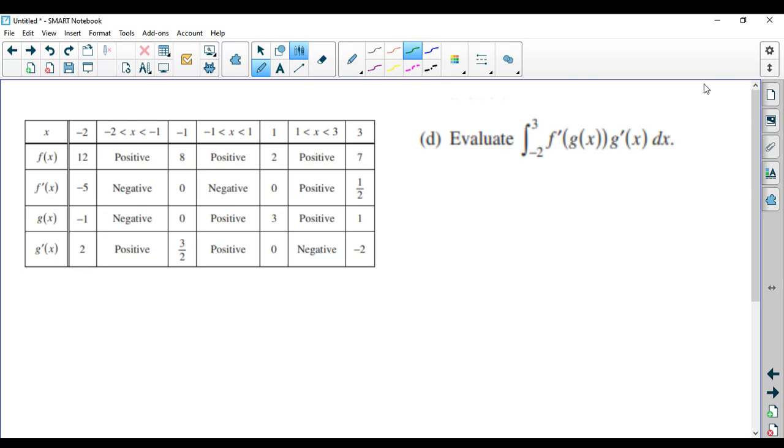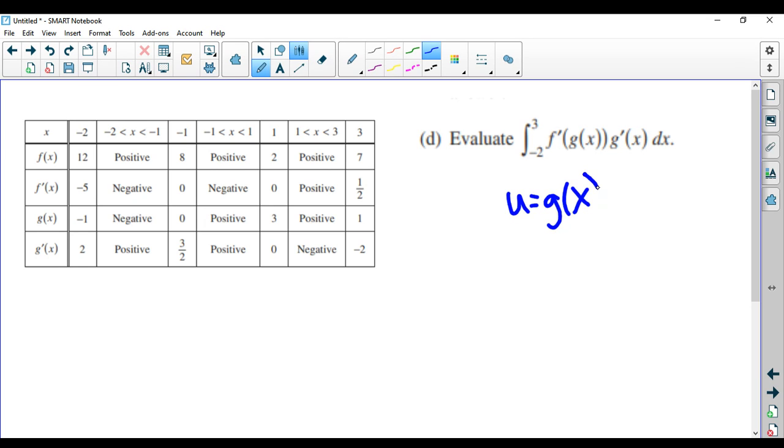And really, you do everything we've always done. If this is going to be a u substitution, usually you make u the inside function. So like if you had the square root of x plus 2, you let u be x plus 2. So the inside function here is g of x. So we're going to see what happens if we let u be g of x.